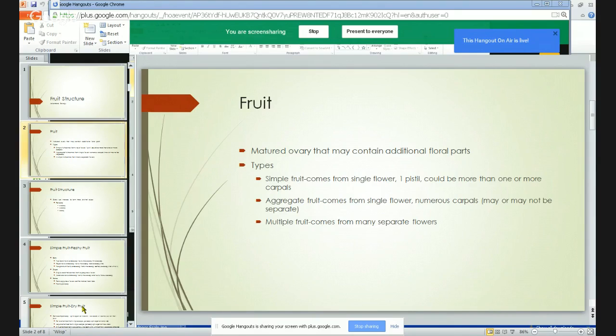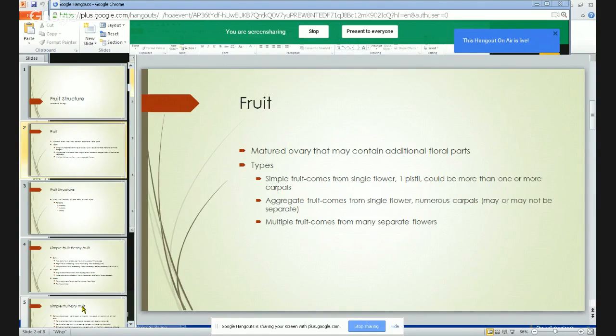Multiple fruits come from more than one flower. So each part of the fruit is its own flower. And then I've drawn you that one there at the bottom, or in the middle, I guess.